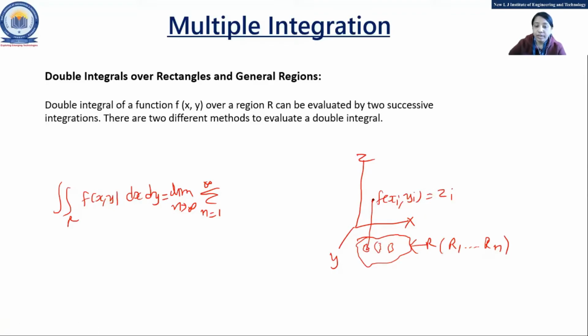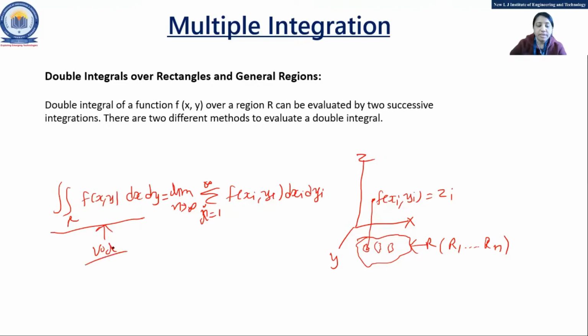Whatever the point is, that is xi, yi and zi. So we'll do the summation from i equal to 1 to infinity of f(xi, yi) dxi dyi. This function gives you the volume.